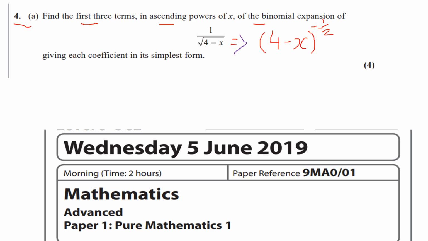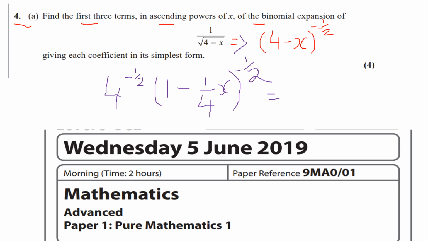I'm now going to factorize out a 4 to the minus half. So 4 to the minus half, brackets 1 plus a quarter x to the power of minus a half. The reason is that whenever we're doing binomial expansion, at A-level or any level across the world, it has to be in the form 1 plus or minus ax to the power of n, where a and n can be any number.